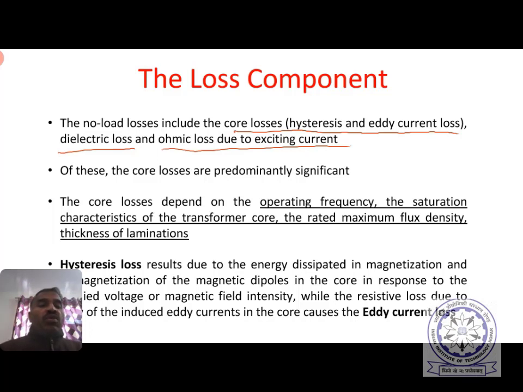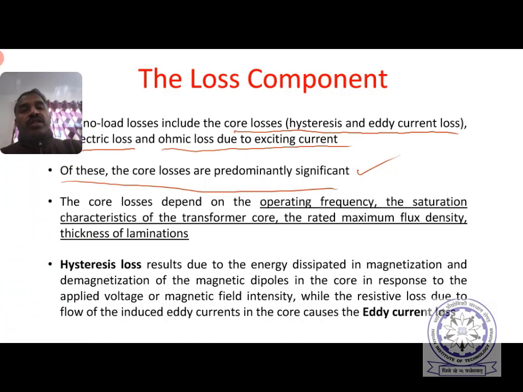Of these, the core losses are predominantly significant. That's what I have pointed out. The core losses depend on the operating frequency, the saturation characteristic of the transformer core, the rated maximum flux density, and the thickness of the laminations. So these are the main factors on which the core losses depend.